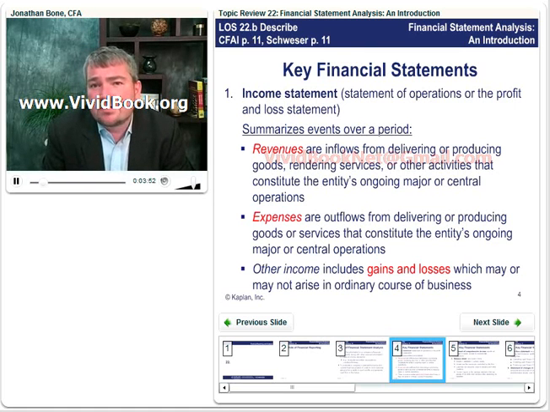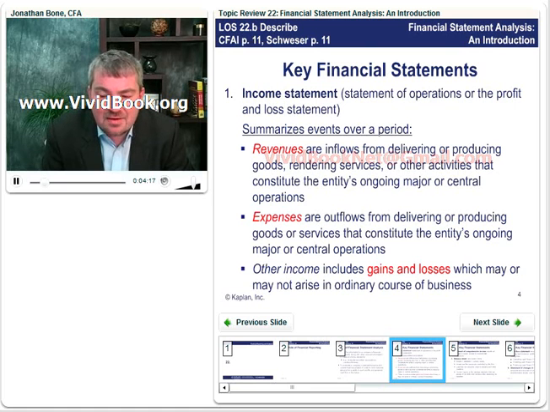Notice revenues are inflows from delivering or producing goods, rendering services, or other activities that constitute the entity's ongoing major or central operations. So what is it saying? The revenues, if you like, are the sales that we are generating from our core operations. Notice then we've got a definition of expenses.